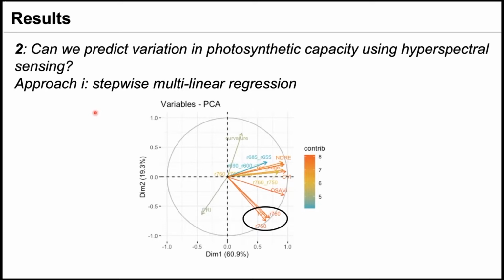So to avoid the collinearities between these variables, PCA was conducted before stepwise multilinear regression. So a subset of vegetation indices were selected to go into the stepwise multilinear regression.